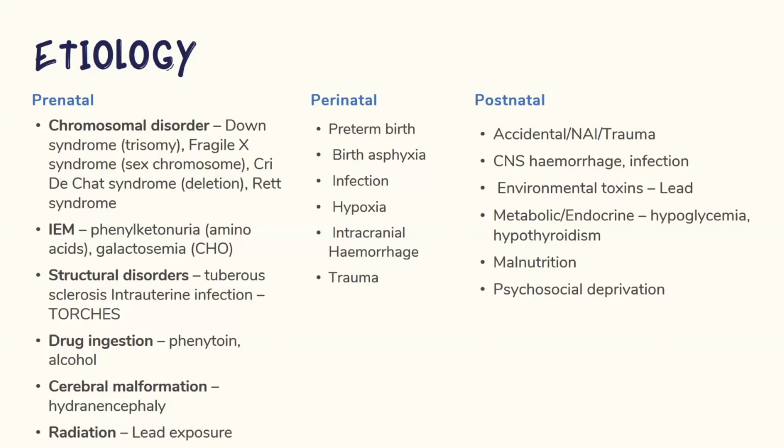The most common, especially, are chromosomal disorders like Down syndrome and Fragile X syndrome, followed by metabolic disorders, which can also cause ID. A minority of cases can have environmental causes like teratogens, toxins, infection, trauma, and birth asphyxia. Okay, next.